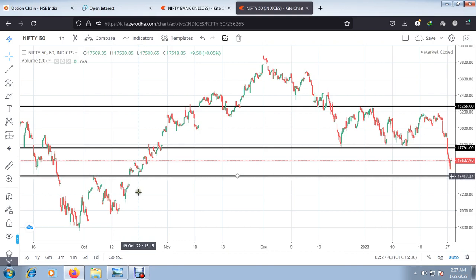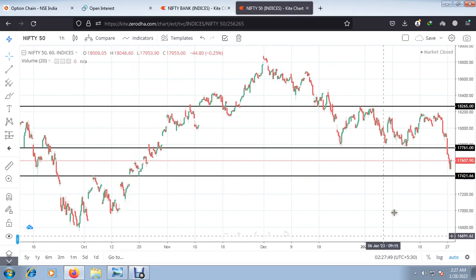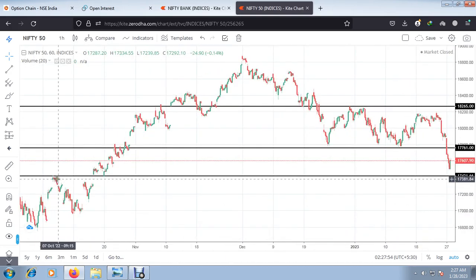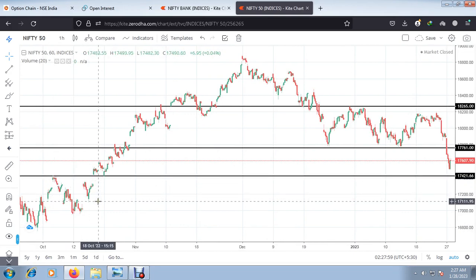So I'm marking a line here at 17,421. See, this line is acting as both a resistance as well as a support point, and the gap is also there. So if Nifty is to come down, the next support will be around 17,421.